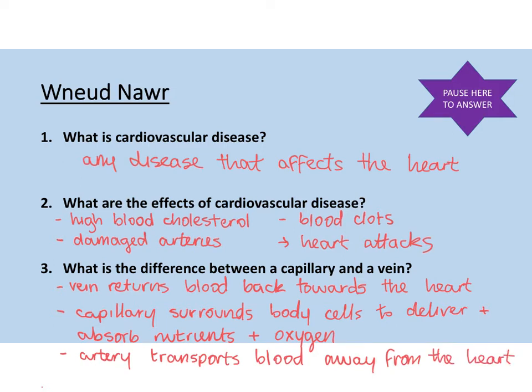Okay, so a vein returns blood to the heart, artery takes blood away from the heart, and a capillary surrounds the body cells to deliver the oxygen. Okay, so give yourselves a mark out of 3 for each of those, and then we'll move on to today's lesson.